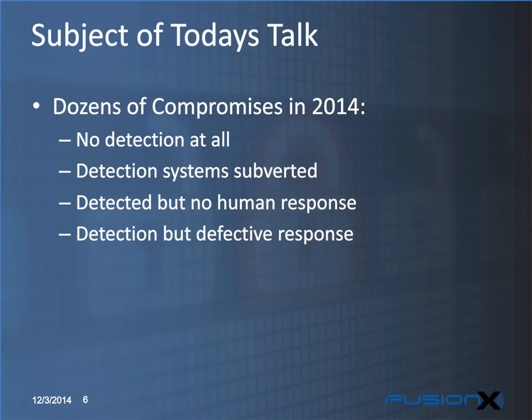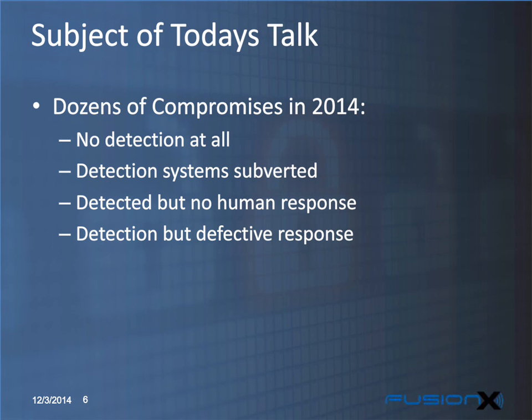We've seen cases where detection systems were subverted, and we definitely see more sophisticated groups of adversaries that are looking to bypass next-generation technologies like FireEye, for example. We've seen probably a majority of large data breach cases where there's been detection but no human response until, as Tim mentioned, the impacted organization gets a call from the FBI or some other third party that's been able to monitor command and control or some other backscatter from the attack.